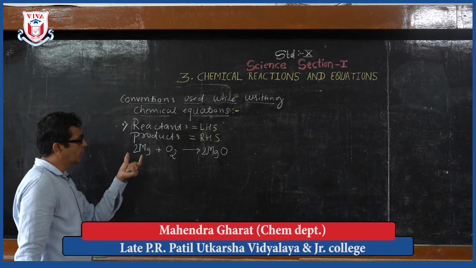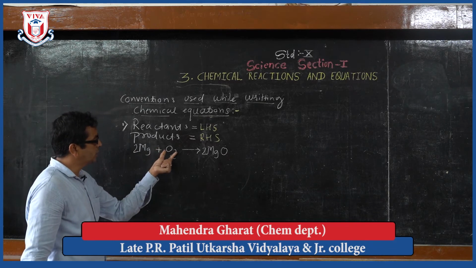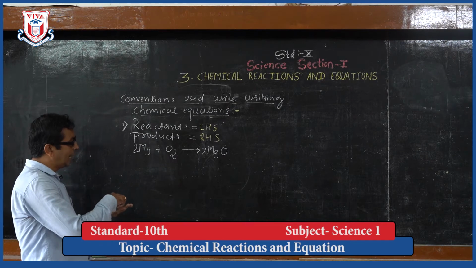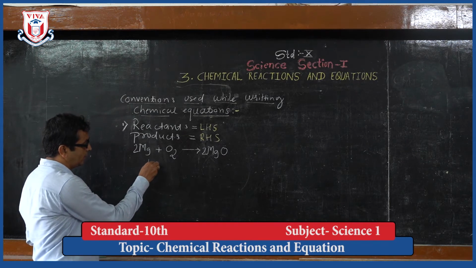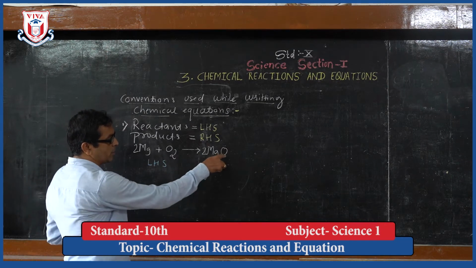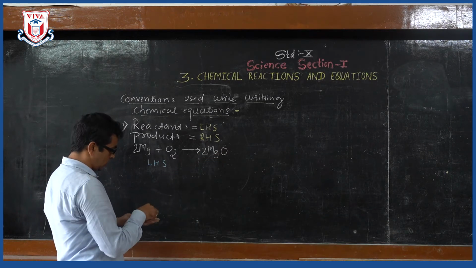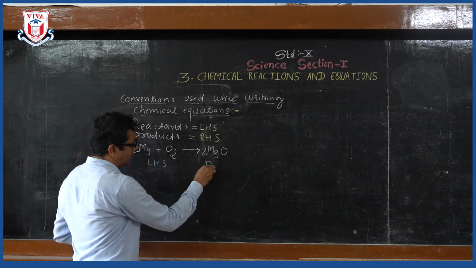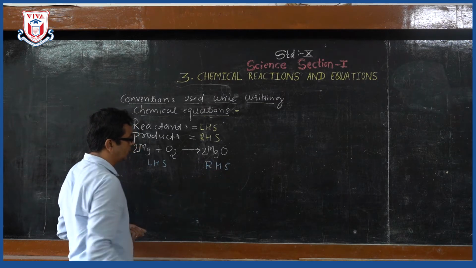So here magnesium and oxygen are my reactants, so I wrote them on the left hand side, and magnesium oxide is my product, so I have written it on the right hand side.